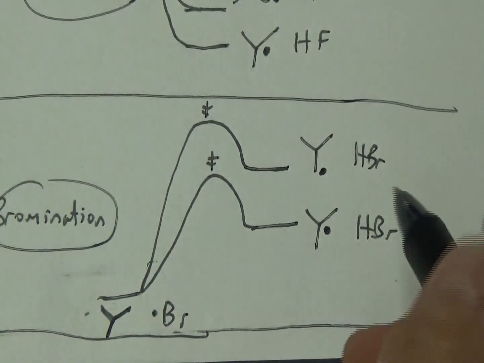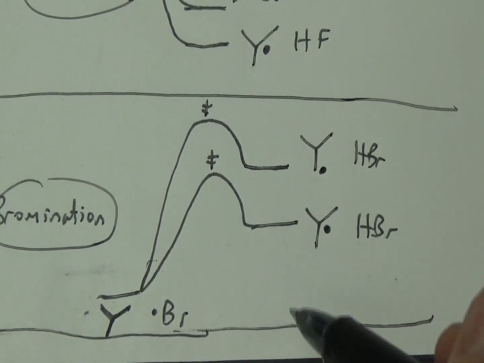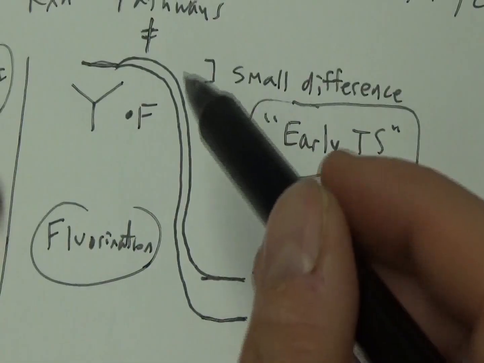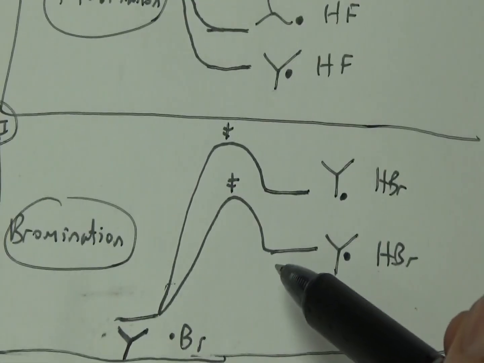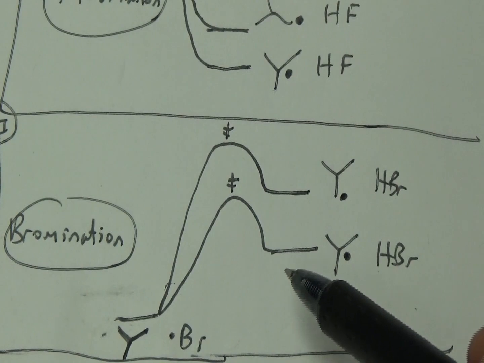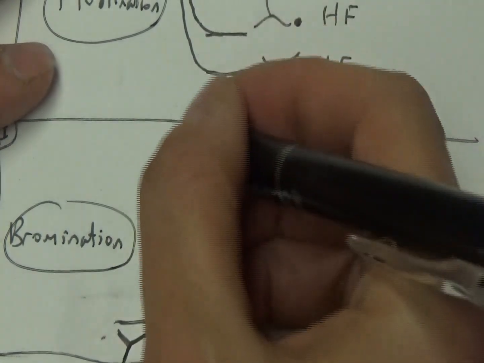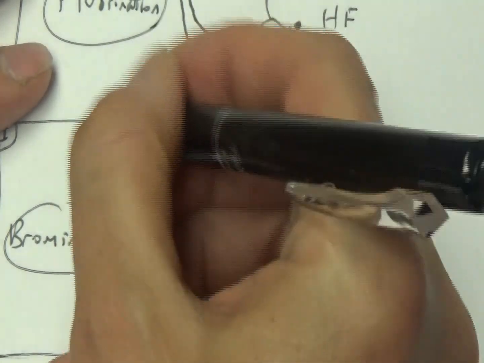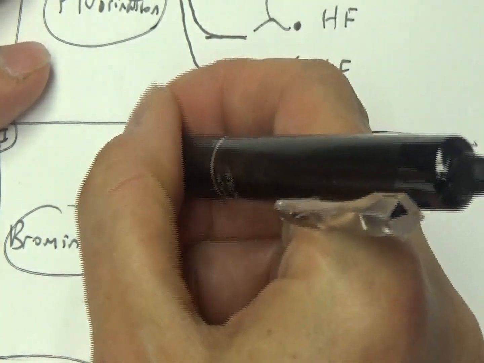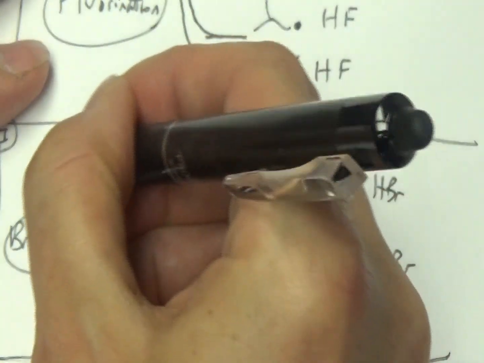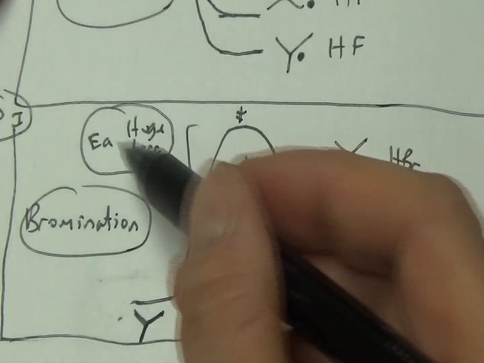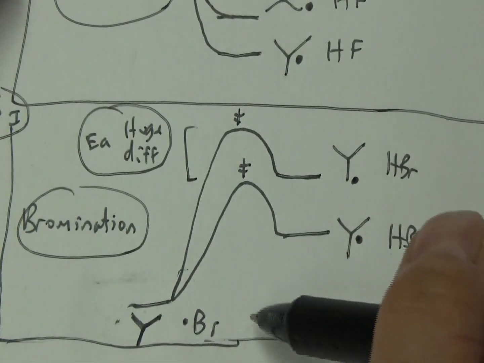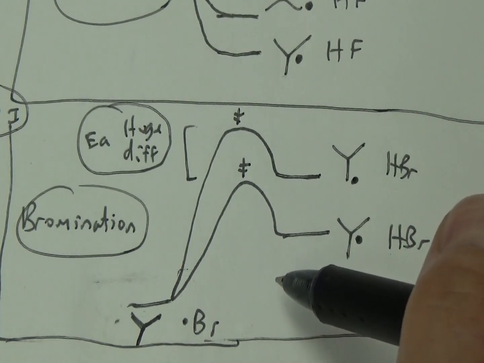Alright, so something different. In fluorination, the transition states were very similar. In bromination, the transition states are totally different. And so there's a huge difference in the activation energies, right? And molecules really like to go through the lowest energy pathway.